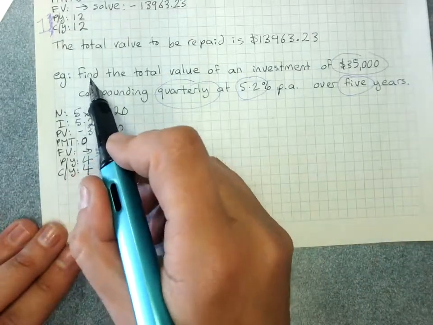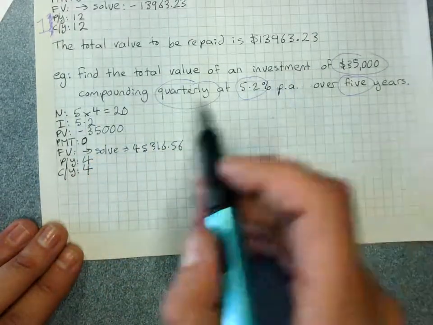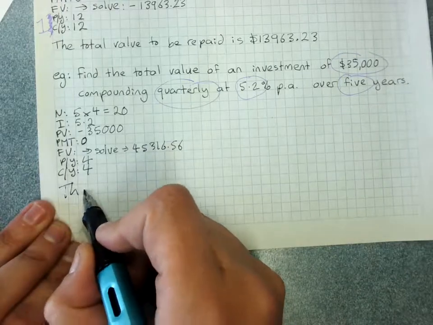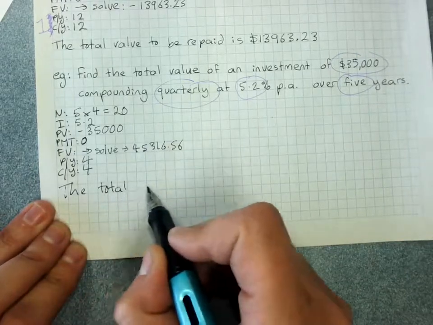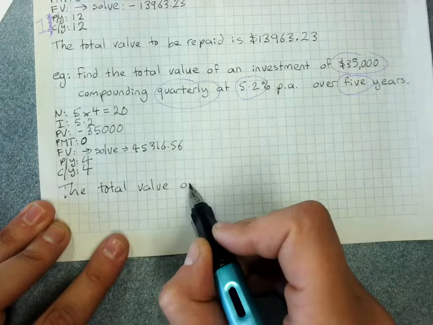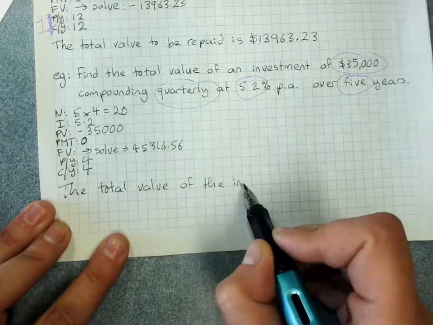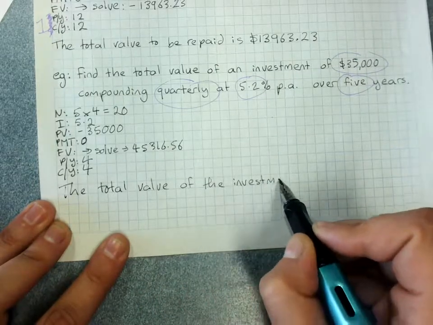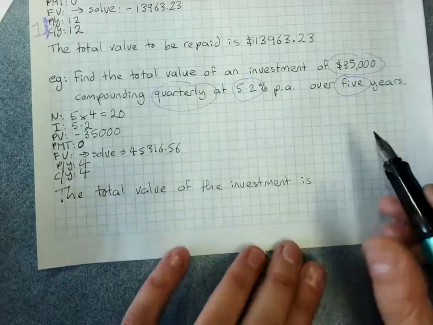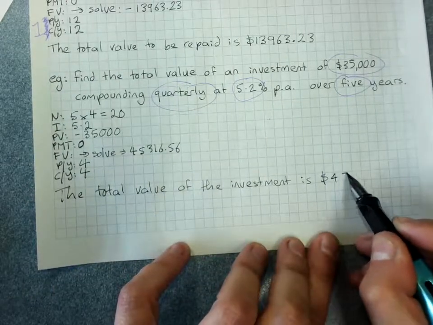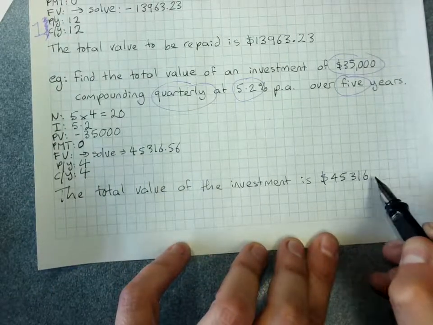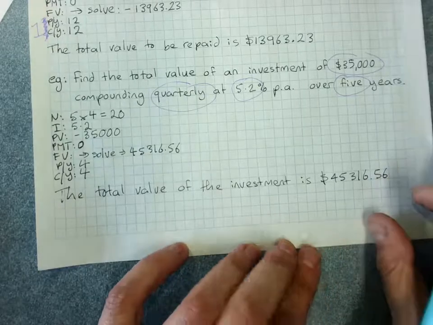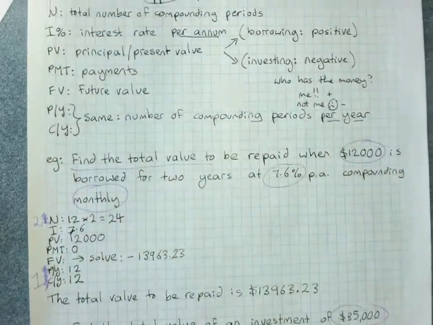The question said, find the total value of an investment. We say the total value of the investment is $45,316.56. That's the TVM solver.